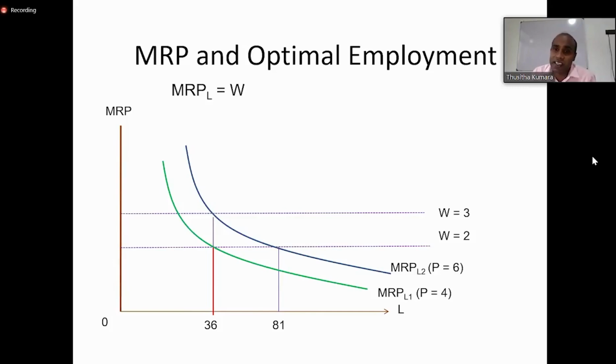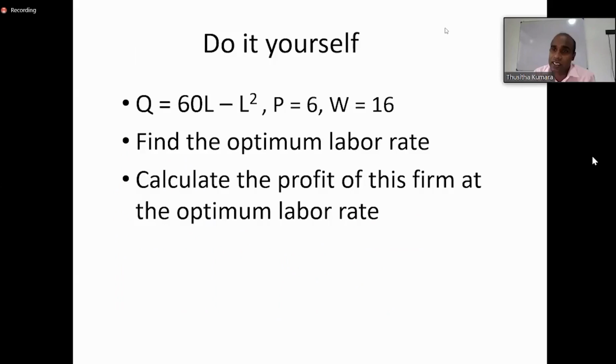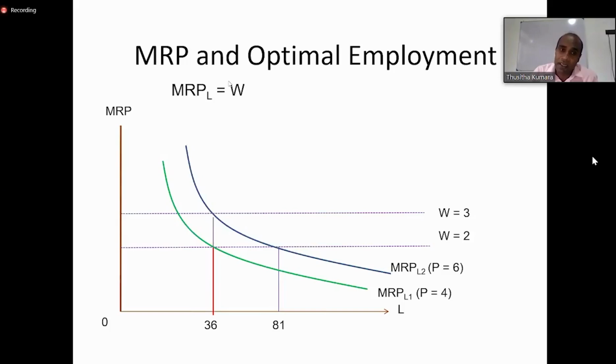Whenever you get this kind of problem, check what the question is asking. It has given us the production function, the price of the output and the wage, and asks to find the optimum labor rate. We know the condition for the optimum labor rate is MRPL equals W, marginal revenue product equals the wage rate.